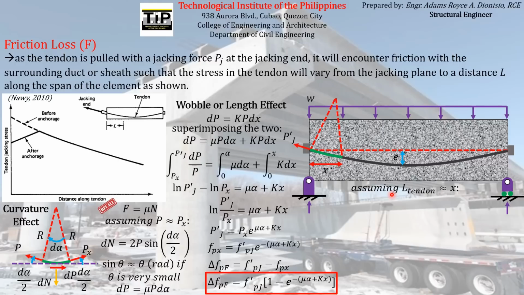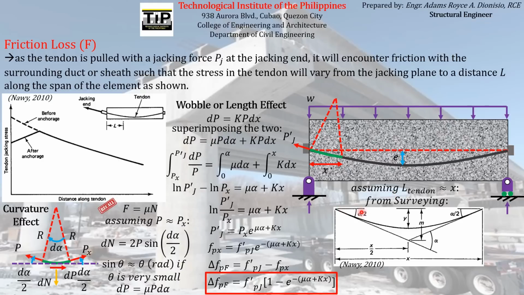And if we recall from surveying the relationship between the angles and the distances, we can see that the central angle of this is equal to alpha, this angle here. So since that is alpha, from surveying, we can see that this is also alpha.